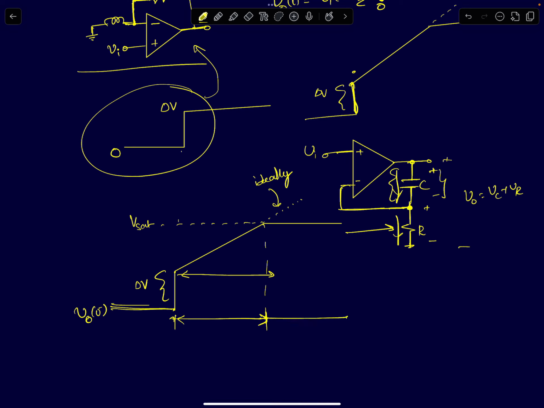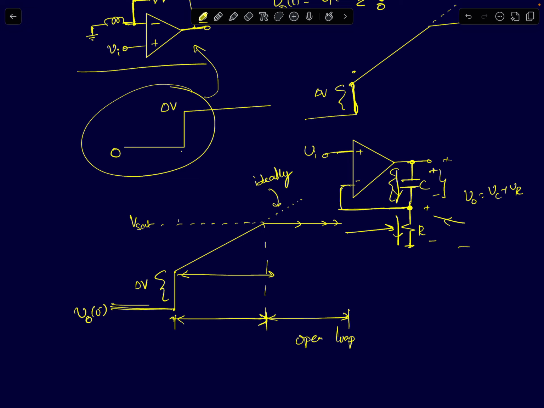After this, once the output saturates, your op-amp will be in open loop. So there is no negative feedback anymore, and the output will be saturated at plus Vsat. We showed what will happen to the voltage across the resistor, that eventually it will come to 0.